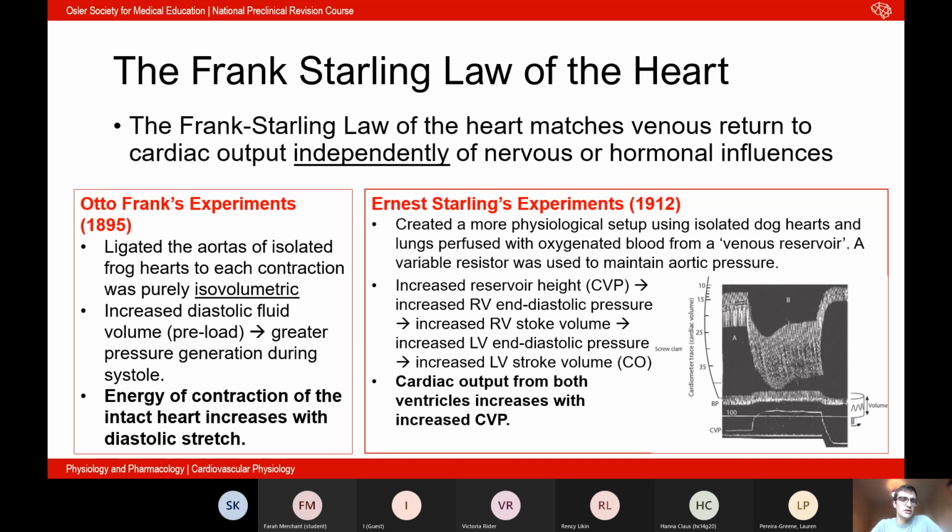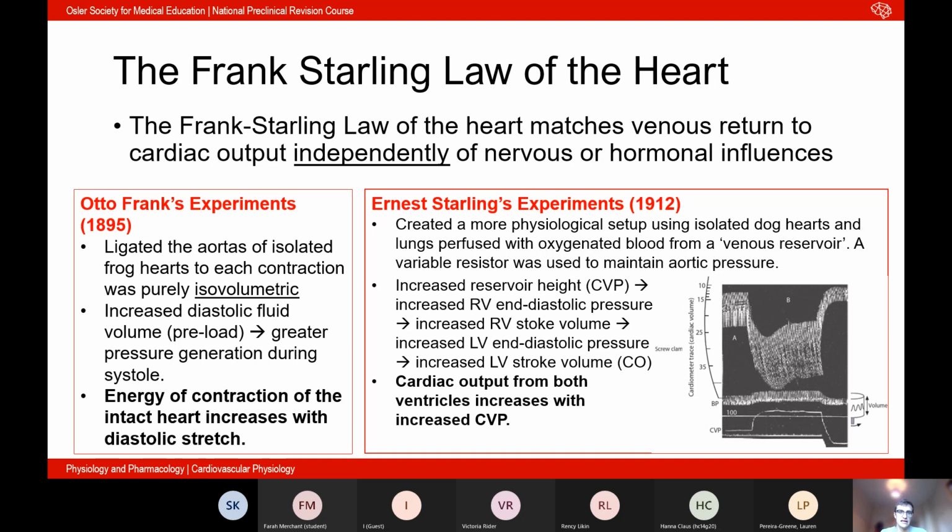So we had Frank's experiments, which you don't need to know, but if you ever wanted to write an essay on this, it might be quite useful. And he looked in the isovolumetric phase of contraction, so where the pressure is changing, but not the volume of the heart itself, to show that with an increased venous return, you get more pressure created by the myocytes.